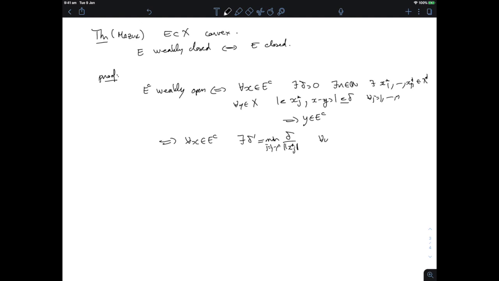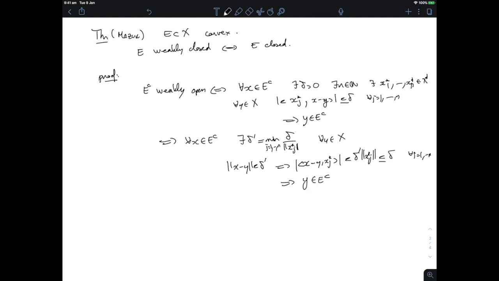Then for every y in X, if the norm of x minus y is smaller than delta prime, then xj star tested against x minus y is going to be smaller than delta prime times the norm of xj star, which is smaller than delta. And that's for every j. And therefore, it's going to imply that y is in E complement.